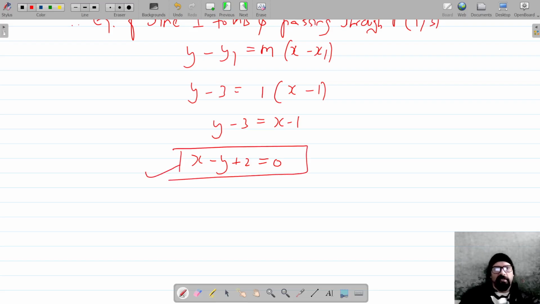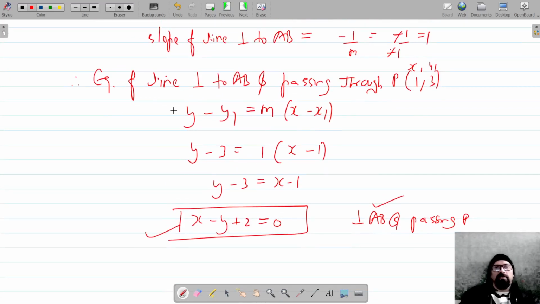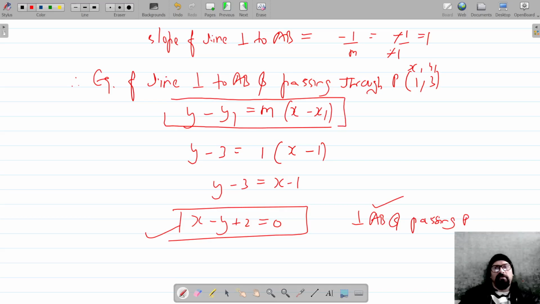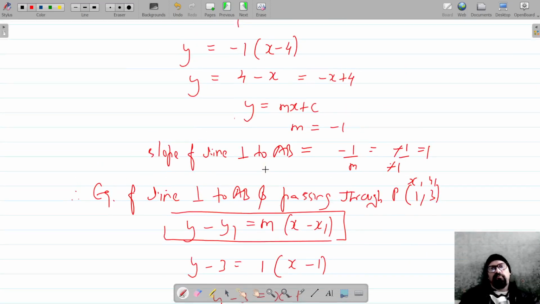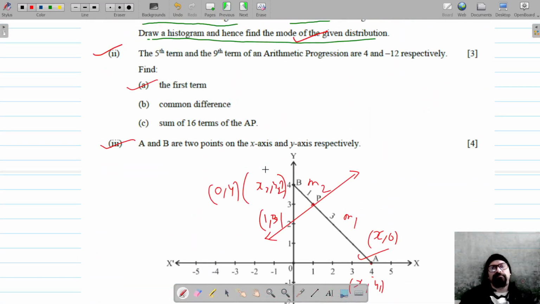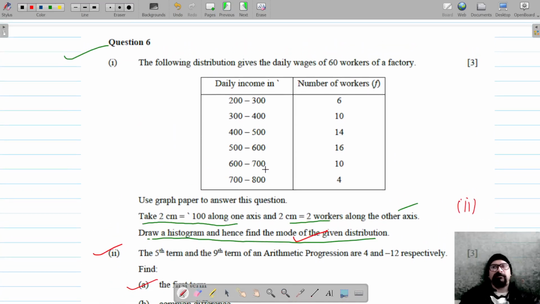This is the equation of the line perpendicular to AB and passing through P. First we got the equation of AB, then the slope of the line that passes through P and is perpendicular to AB, and then used the point-slope equation to write the required equation: x minus y plus 2 is equal to 0. And now let's move on to the last one, that is question number 7.